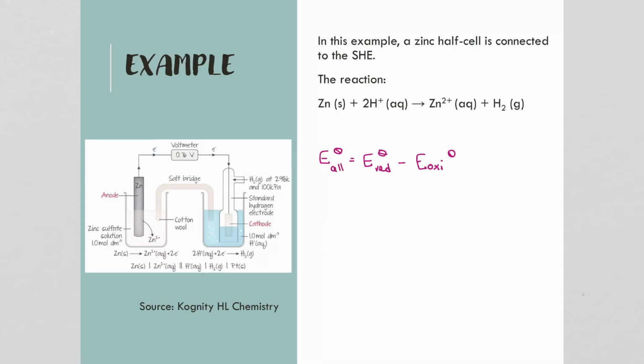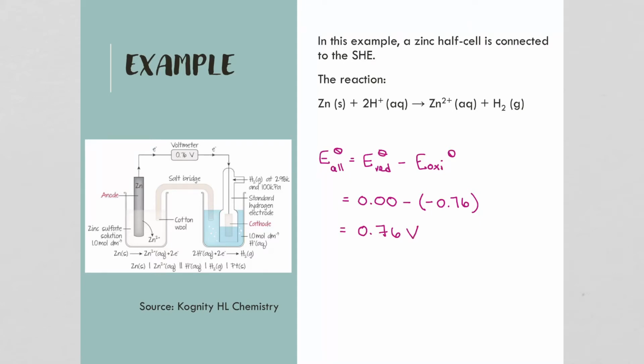The thing that was being reduced is the standard hydrogen electrode, so 0.00 minus, and the voltage for the zinc is negative 0.76. We don't change the sign, so this actually becomes an addition. So our standard electrode potential for the cell is 0.76 volts.